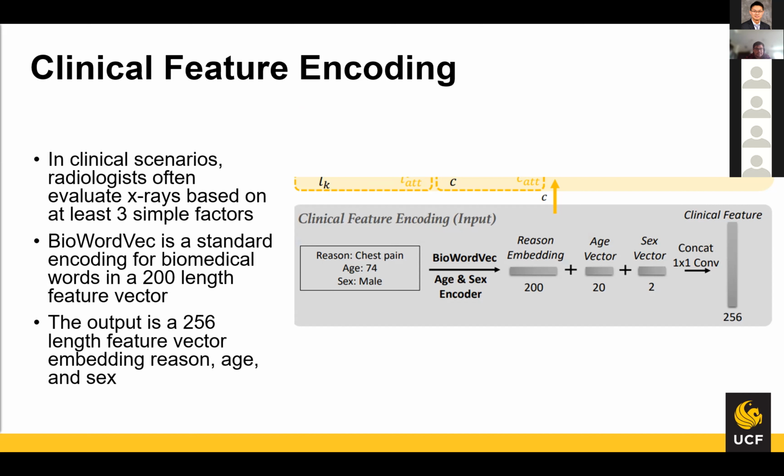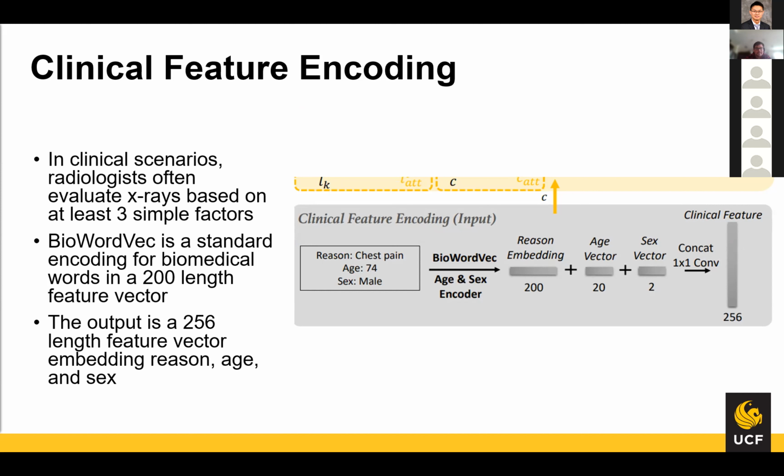So they used a combination of an already standard encoding practice for medical terminology, which was BioWordVec for the reason embedding. And then they combined that with a simple embedding for the age vector and the sex vector. Sex was easy, binary, 0, 1.